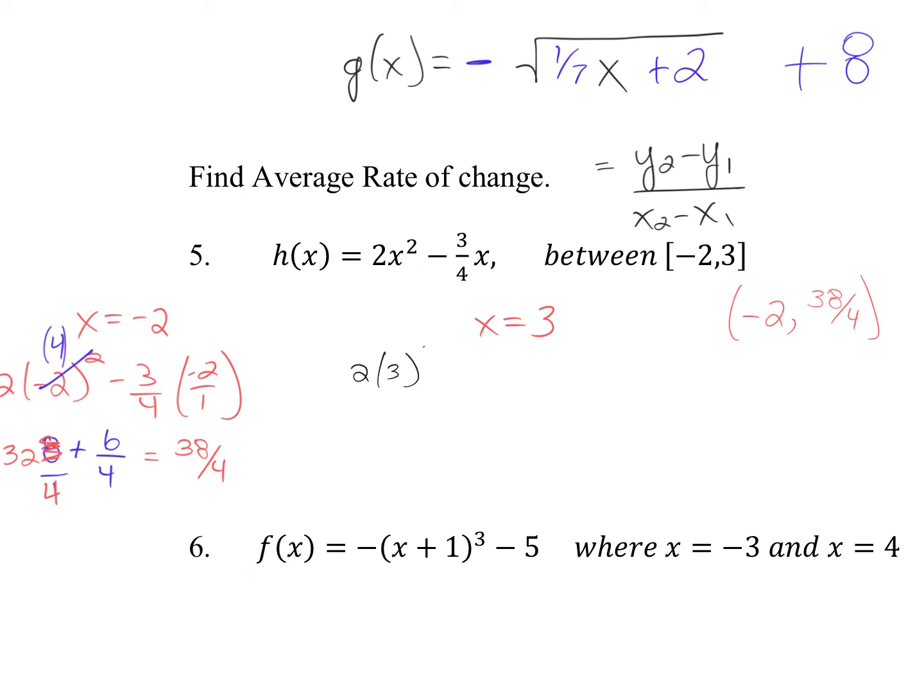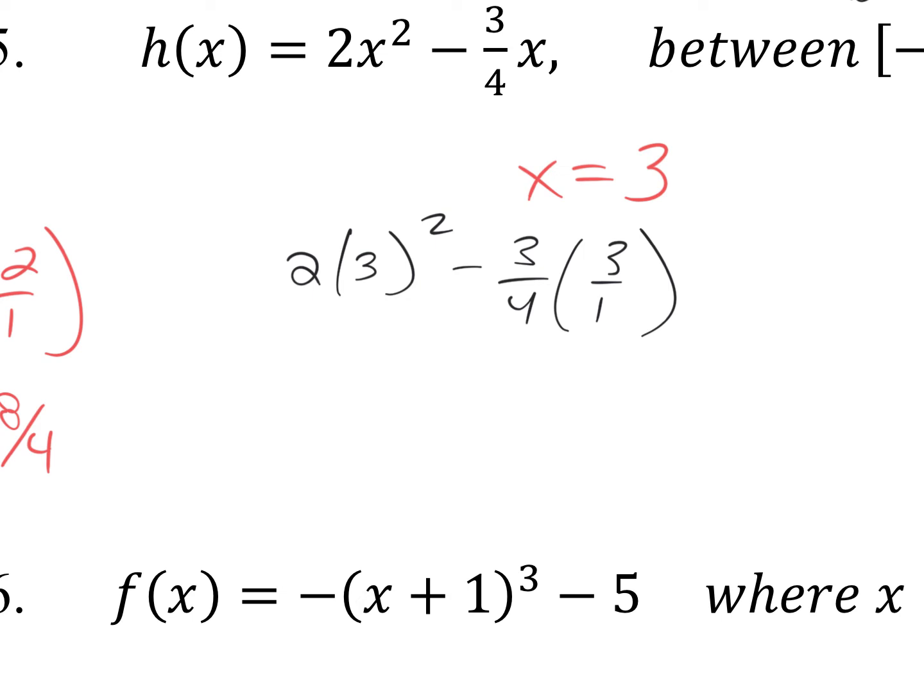So now when I plug in 3, we're going to do the exact same thing. 2 times 3 squared minus 3 over 4 times 3 over 1. 3 squared is? 9. And 9 times 2 is? 18. This is over 1, right? Minus 3 times 3 is 9 over 4. All right, our math gets a little bigger here, but nothing you guys can't handle. What's a common denominator between 1 and 4? 4.